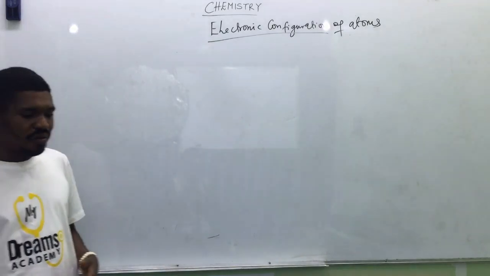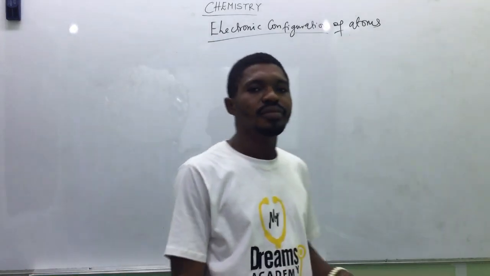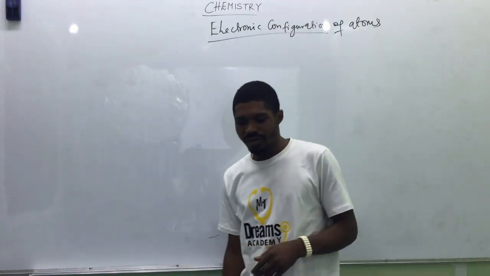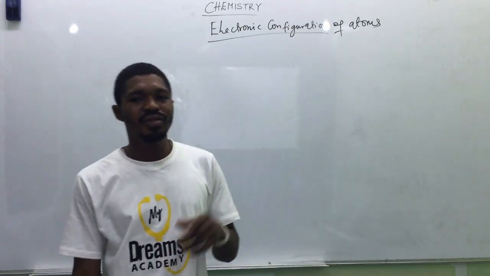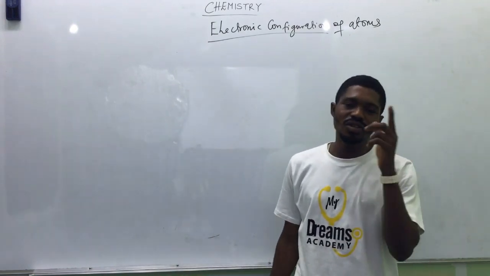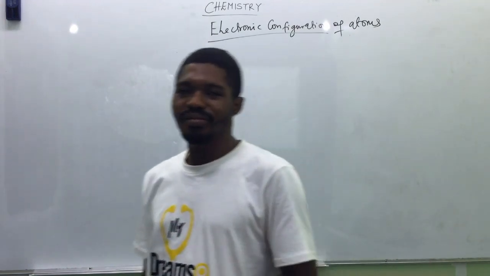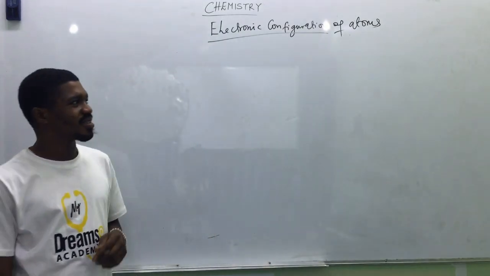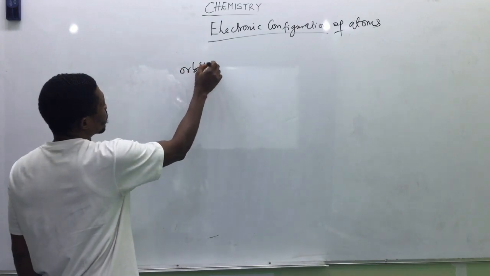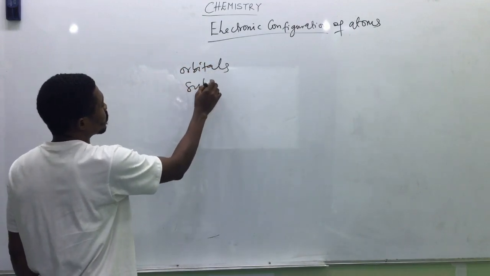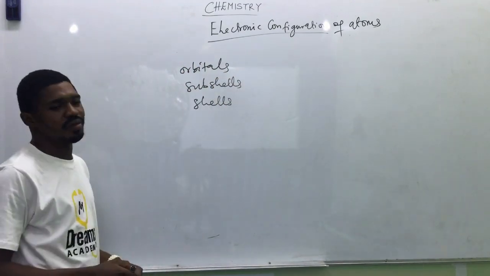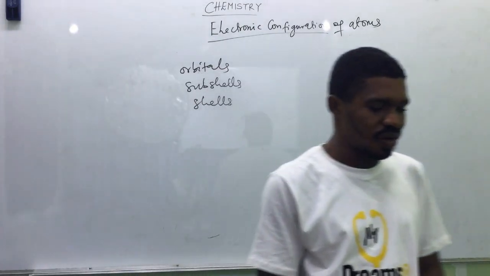So let's define what electronic configuration is. The term electronic configuration can be defined as the process of distributing electrons into the various orbitals, subshells, or shells in the atom. Remember, listen to these 3 words I mentioned: orbitals, subshells, shells. These 3 things are completely different.